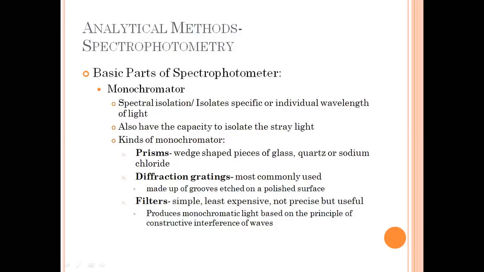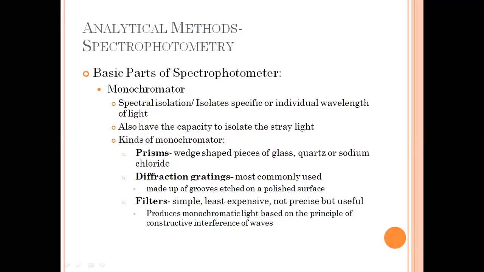You could either use a prism, diffraction gratings, or filter. Just to refresh you, a prism monochromator is a wedge-shaped piece of glass, quartz, or sodium chloride. Diffraction gratings are the most commonly used monochromator for your spectrophotometer, and these are made up of grooves on a polished surface.